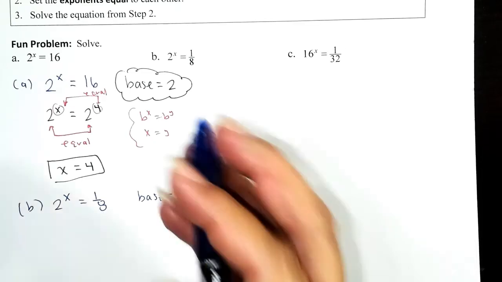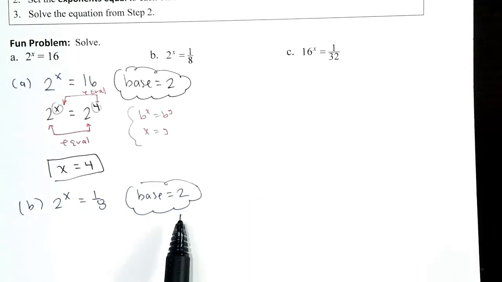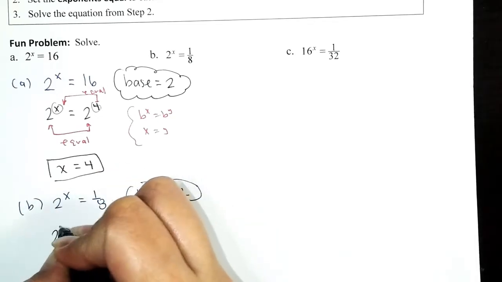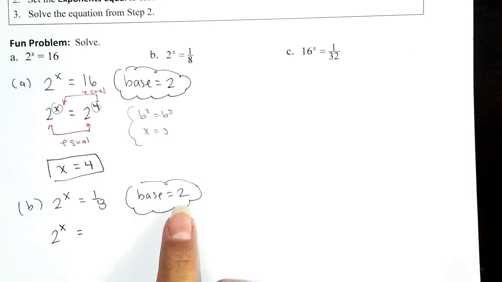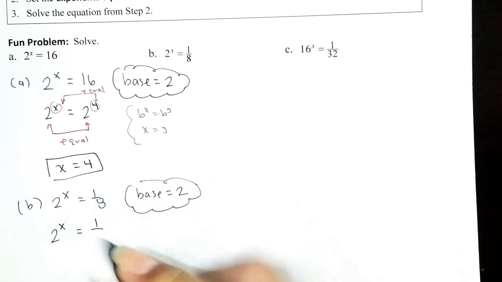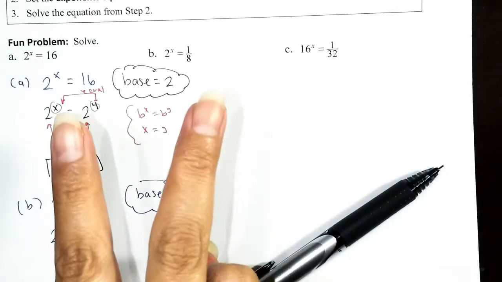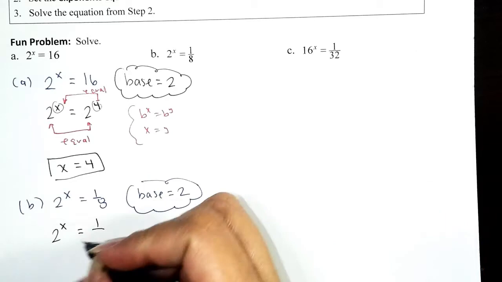So let's aim for base 2, with base 2 on the left and base 2 on the right. The left side is already a winner. The right side is not quite base 2, so let's fix it. If we prime factor 8, it's the same as 2 times 2 times 2, so 8 is the same as 2 to the 3rd power.